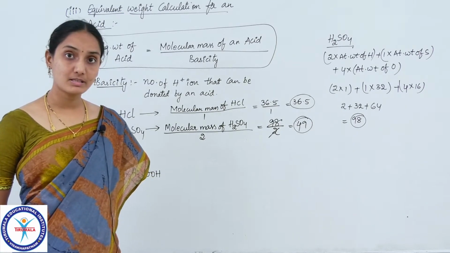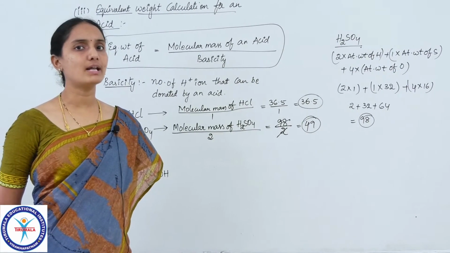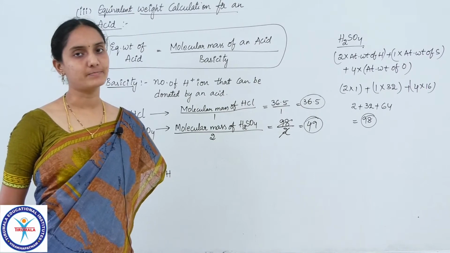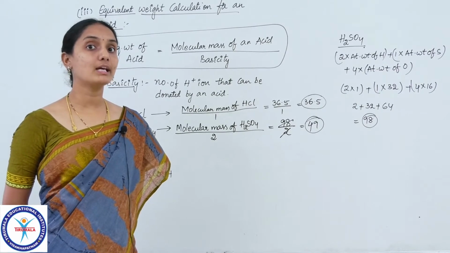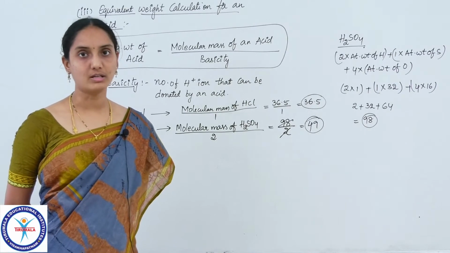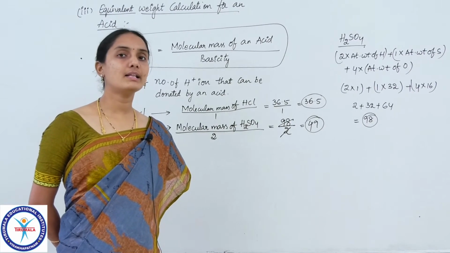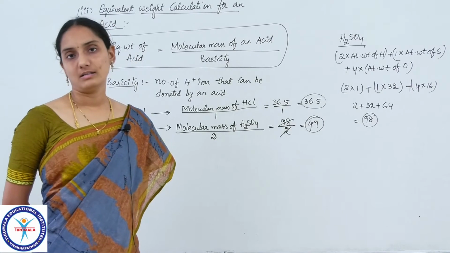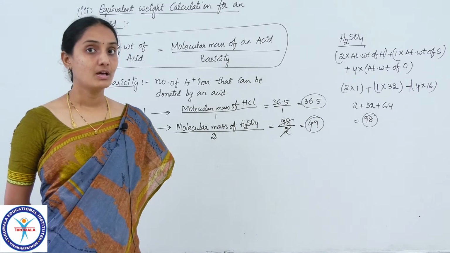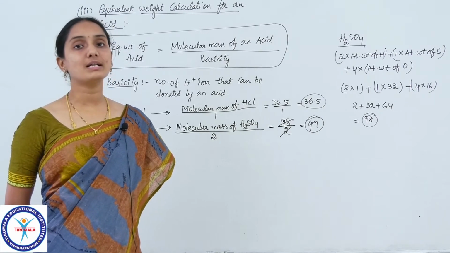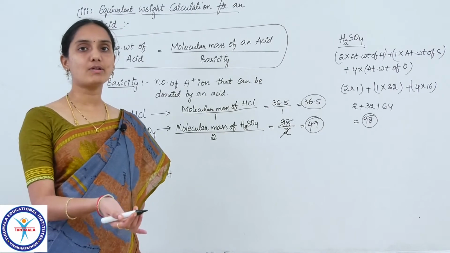But sometimes it may not produce 2 H plus ions, it may produce only 1 according to the need of the other substance. So consider the basicity according to the equation or the reaction that is going on there. Sometimes they will give you an equation and ask you to calculate the equivalent weight of that particular acid or base. Then check the equation whether all the hydrogens present in the formula unit of the acid are being donated in the equation or not.